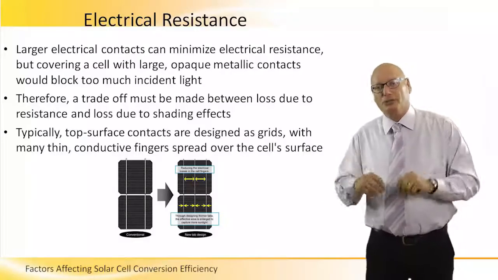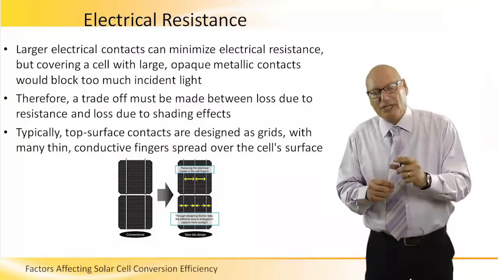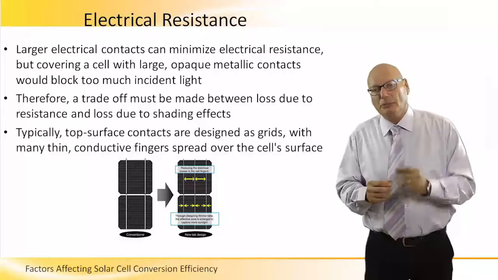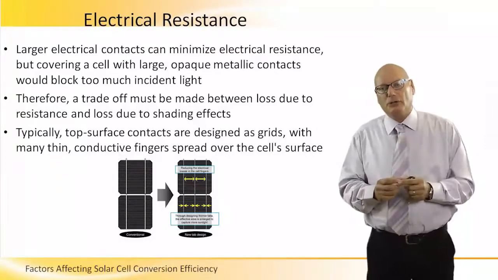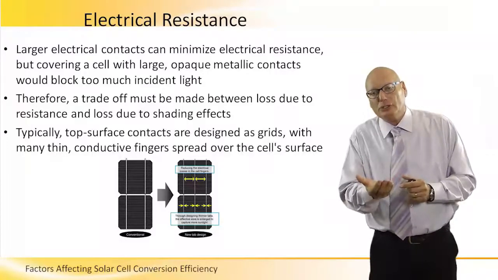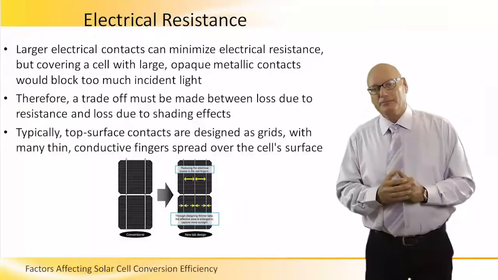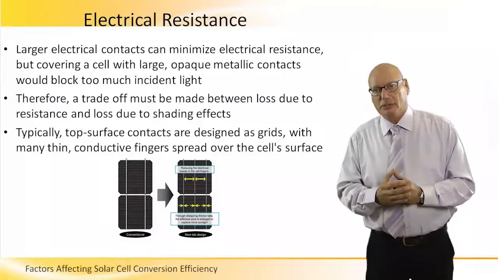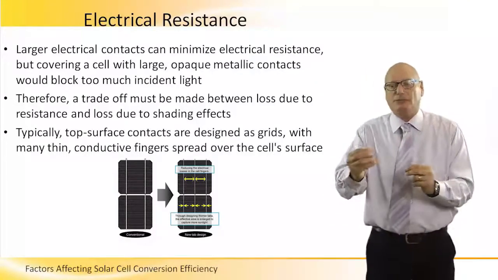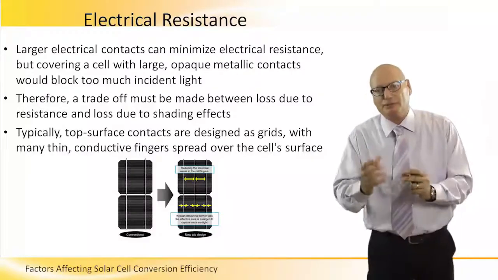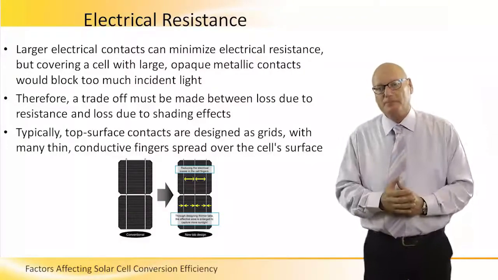However, there's a drawback to this. On one side, I would like to widen the conductor, but if we widen the width of the conductor, we cover too much silicon area of the cell itself. So instead of 100% of silicon area in the cell, I'll have 97%, 96%, 95%. So I'm losing silicon area.